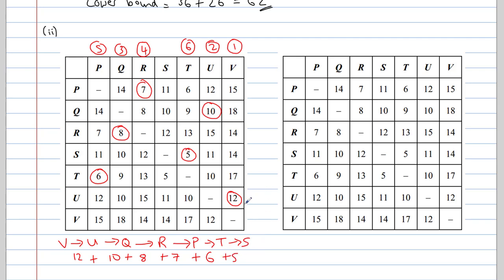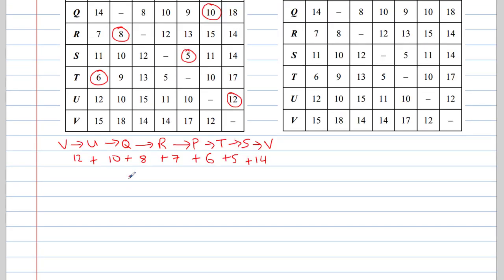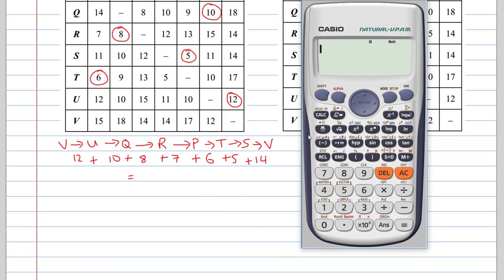And finally, from S, you must make sure that you go back to the beginning. Lots of people lose all of the marks for a question if they don't go back to the start. So I've got to get back to V from S, and that is going to cost me 14. So adding all these together gives me 62.